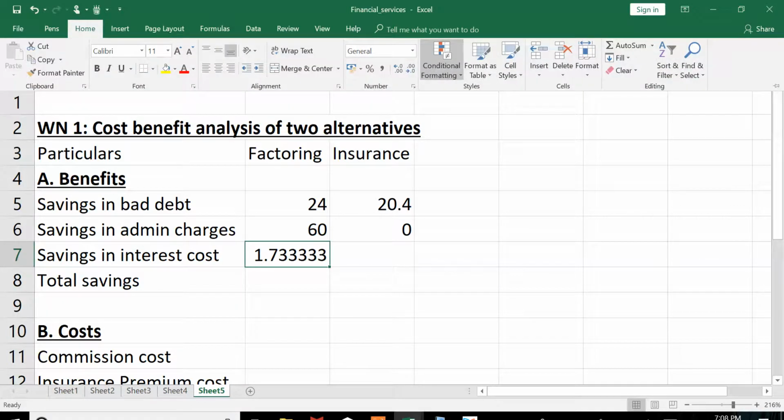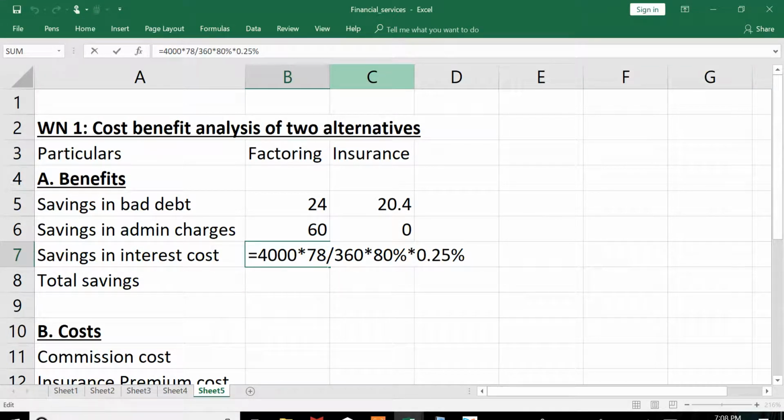We'll keep 2 decimals. 4,000 into 78 by 360 into 80% into 0.25%.